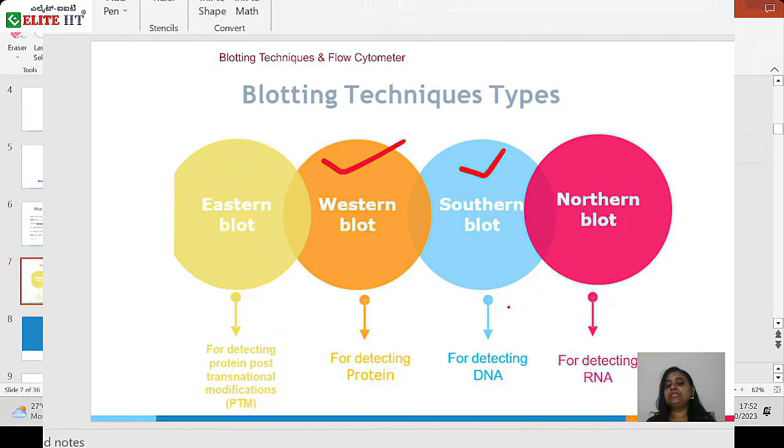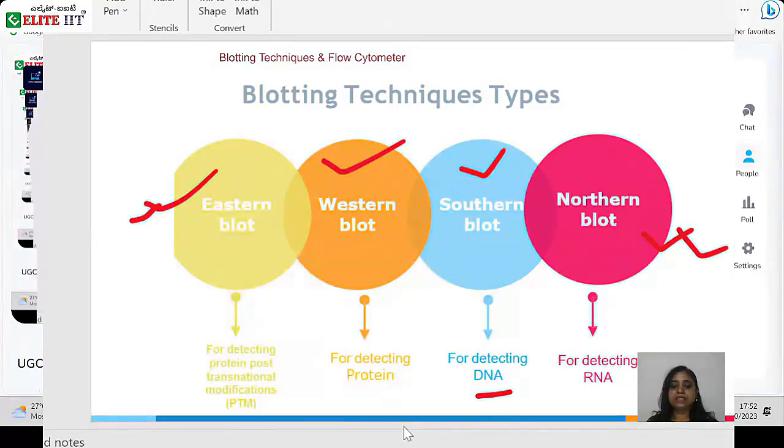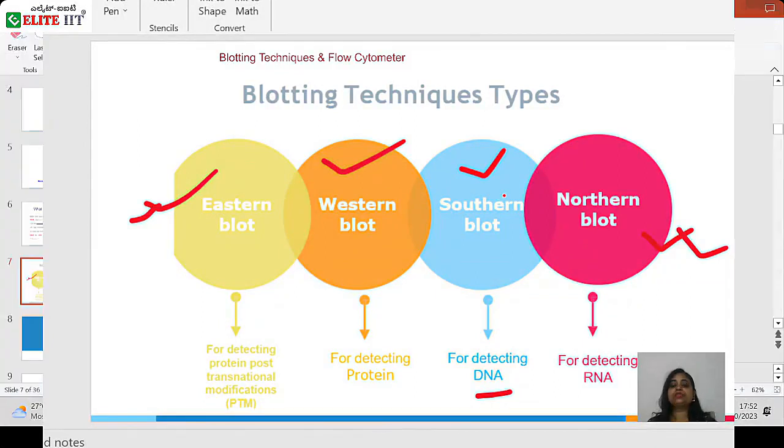Southern blot is specific for DNA, whereas Northern blot is specific for RNA. Another one is the Eastern blot, that is for the detection of protein after post-transcriptional modification. Whether the post-transcriptional modification is happening or not can be detected through Eastern blot. So Western blot, Southern blot, Northern blot, and Eastern blot.